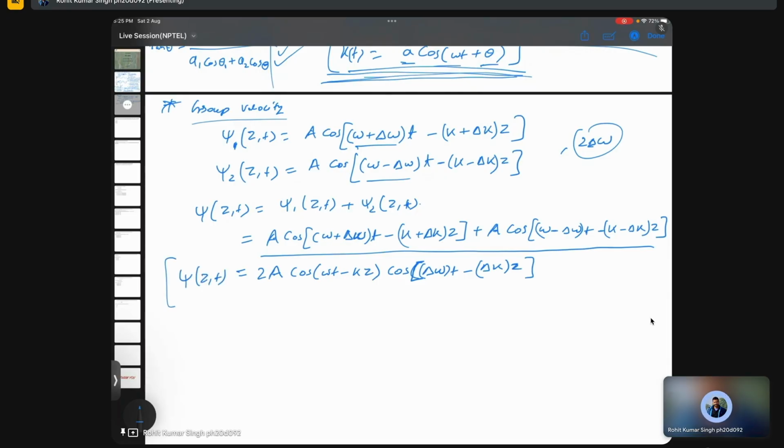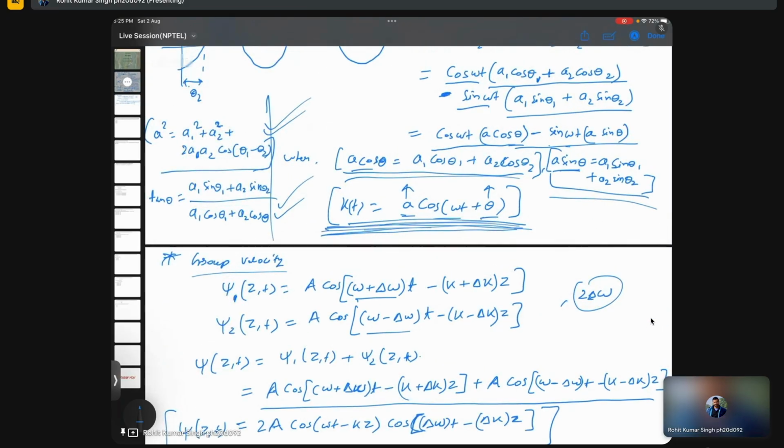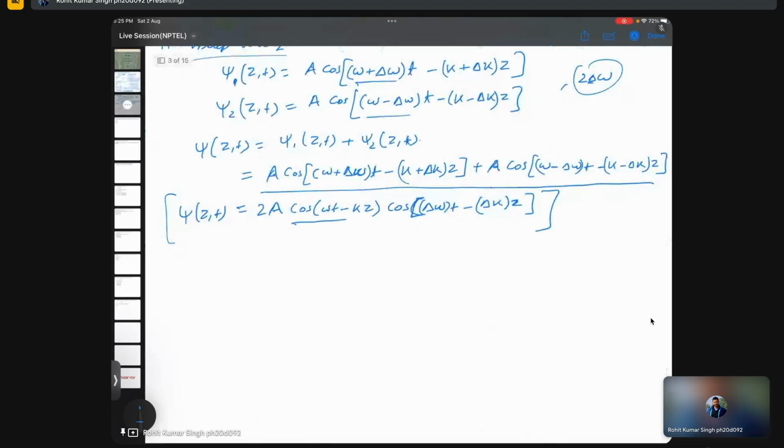Now you see, this is very different from what we got here, right? We got only one single cos function, but here there are two cos functions multiplied with each other. That means there are two waves which are somehow multiplied into each other.